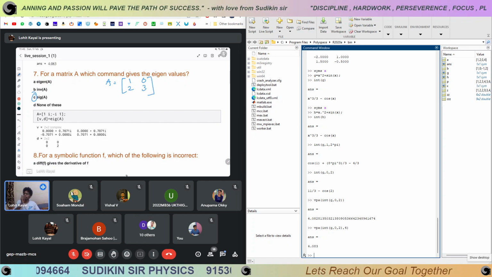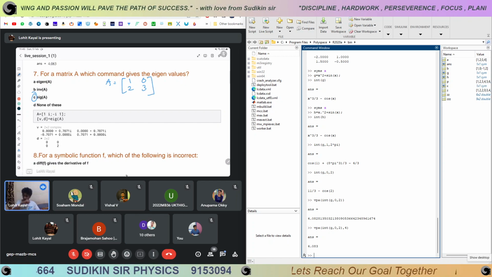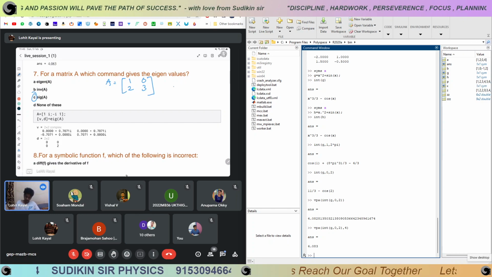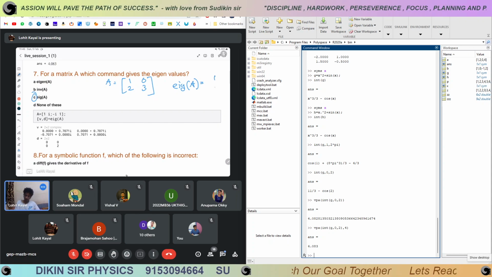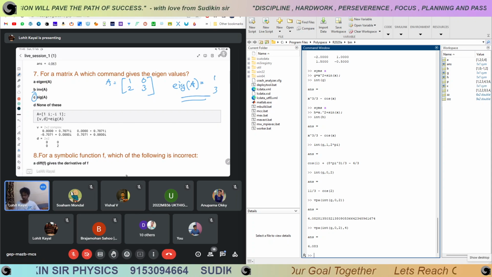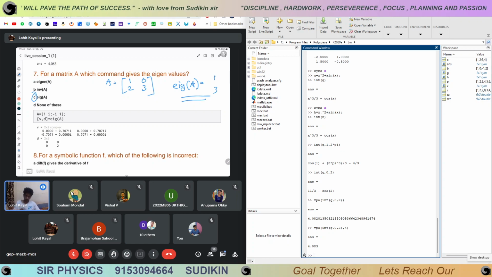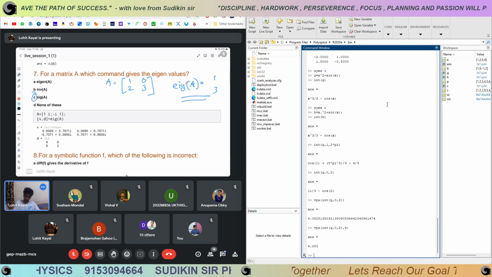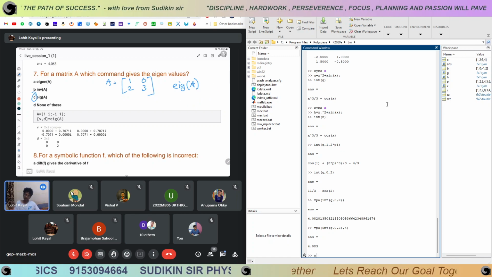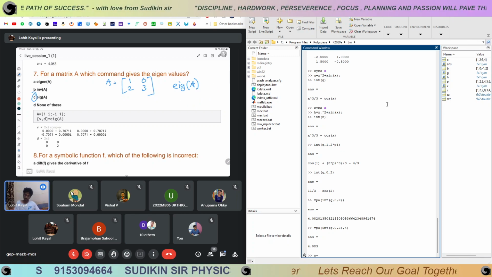It will have eigenvalues 1 and 3. You can check it. If you just write eig of A, it will give you 1 and 3, these two values. It will give you two eigenvalues.